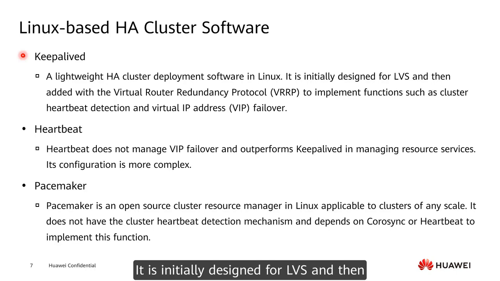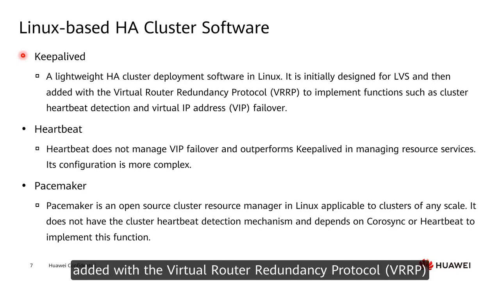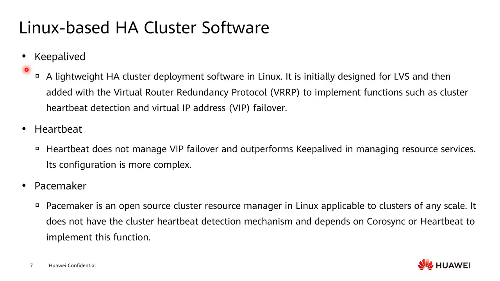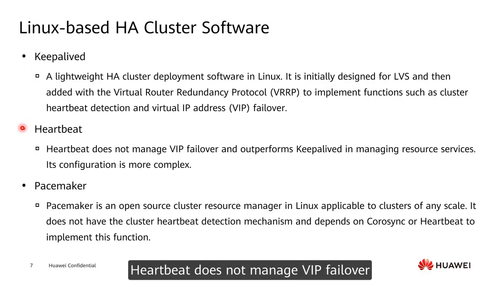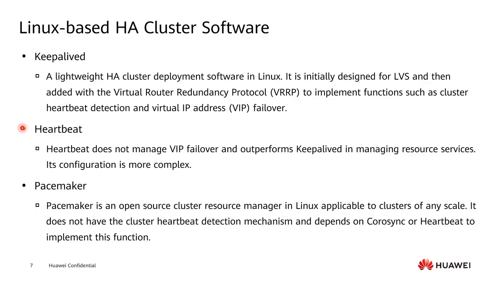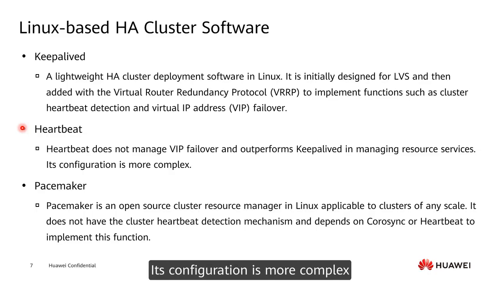It was initially designed for LVS and then added with the Virtual Router Redundancy Protocol (VRRP) to implement functions such as cluster heartbeat detection and virtual IP address (VIP) failover. Heartbeat does not manage VIP failover and outperforms Keepalived in managing resource services. Its configuration is more complex.